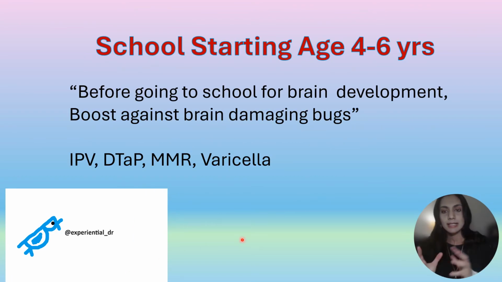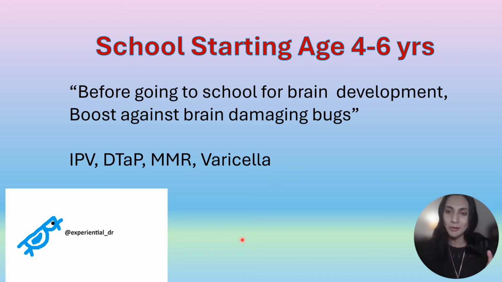The next big chunk of vaccines are to be given at the school-going age. This is a major milestone in children's lives, as they again start to congregate in major numbers together, and the spread of infections can be more rapid and more frequent. So between 4 to 6 years of age, before you send the kids for boosting their brains, protect them from brain-damaging bugs.